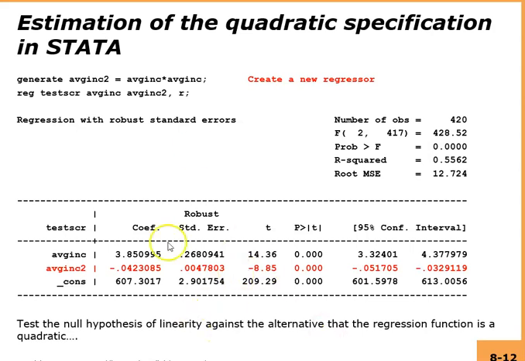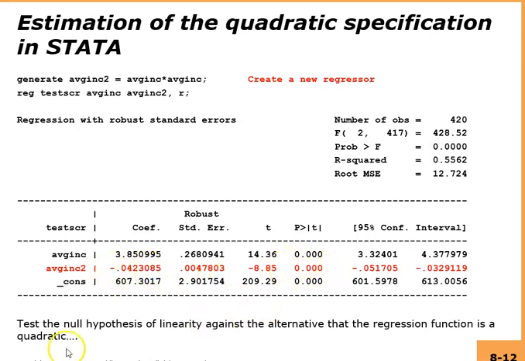So let's take a look at the coefficient of AVGINC2, which is the square term in this regression equation. We can see that the t-stat is telling us that this is significant even at the 1% level of significance. The coefficient is negative, and it is significant at the 1% level.